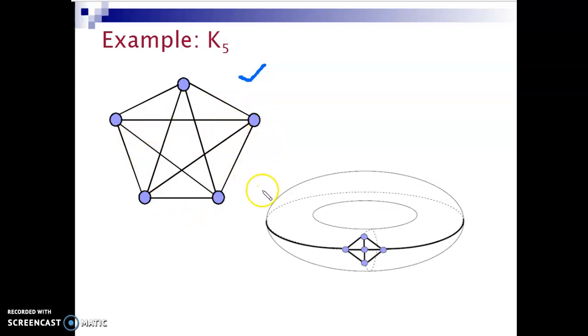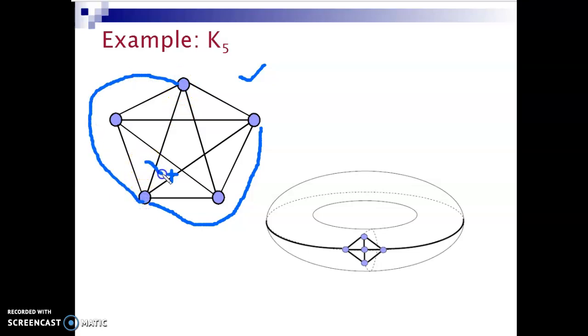But at some point, for example, you can draw this edge here from the outside. So you don't have to draw this. And then this edge can be, for example, drawn like this instead of drawing inside. But still, there will be another cutting edge here that prevents the graph from being planar.